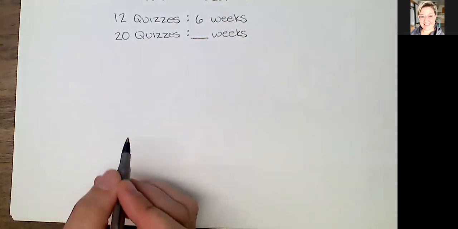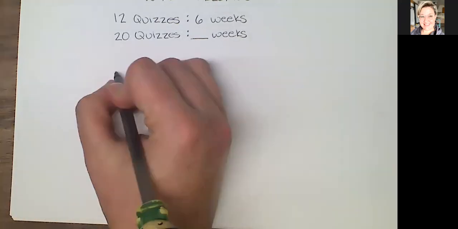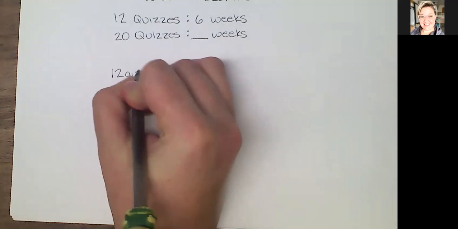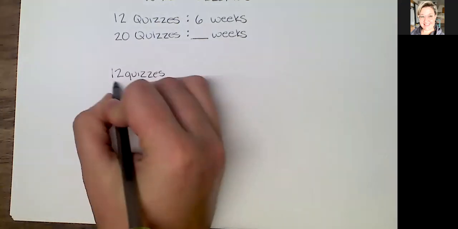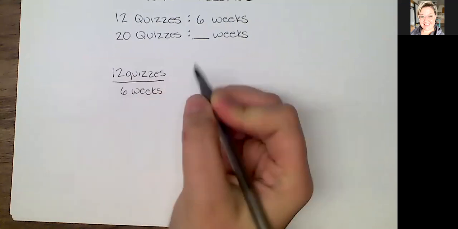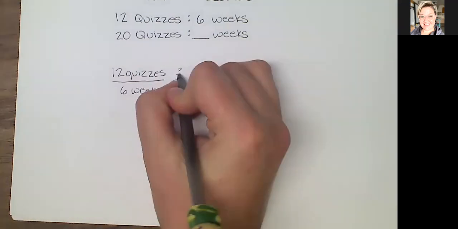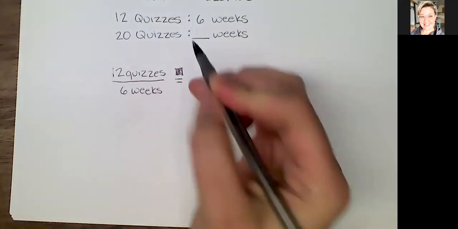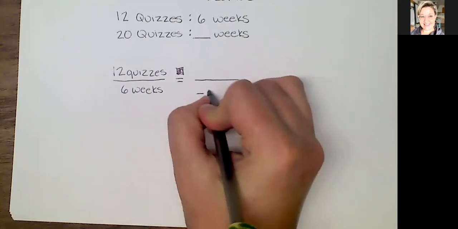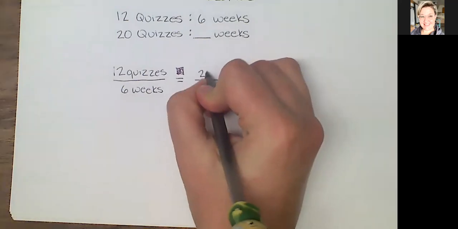I'm going to talk about a strategy we haven't talked about before. We've done cross multiplying, but if we have 12 quizzes for every 6 weeks, we're deciding if that is equal to the number of weeks we need to find out, how many weeks Bryant will be in school when he has done 20 quizzes.